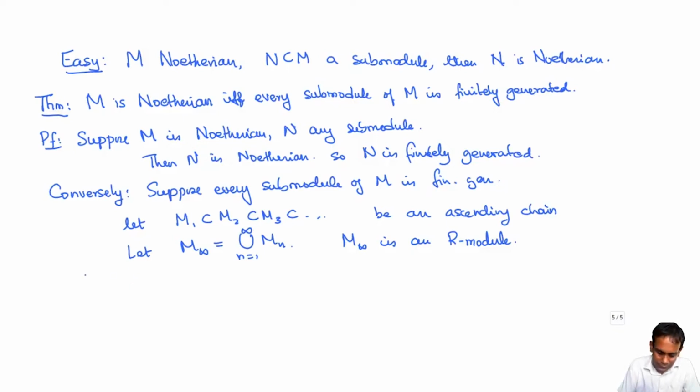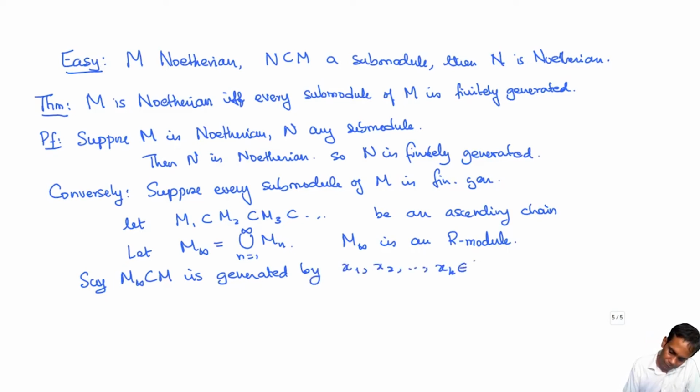M infinity is finitely generated. So let's say M infinity, as a submodule of M, is generated by some elements x1, x2, ..., xk of M. Each of these elements must be in M infinity, so xi belongs to one of the Mn. Say xi belongs to Mni for i equals 1 to k.